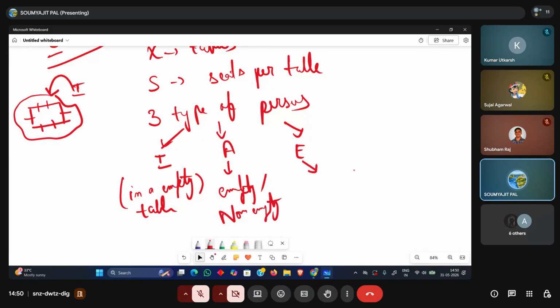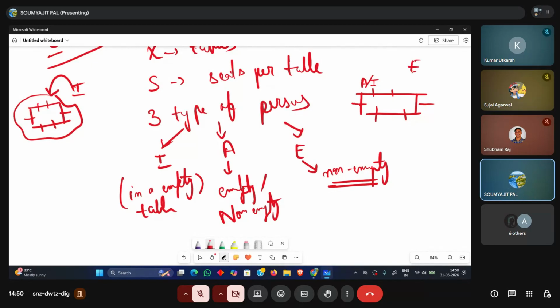He must sit at a non-empty table, that means he needs a companion. That's why he is called an extrovert. So if this is a table, there must be one ambivert or introvert at this table so that an extrovert can be seated here.